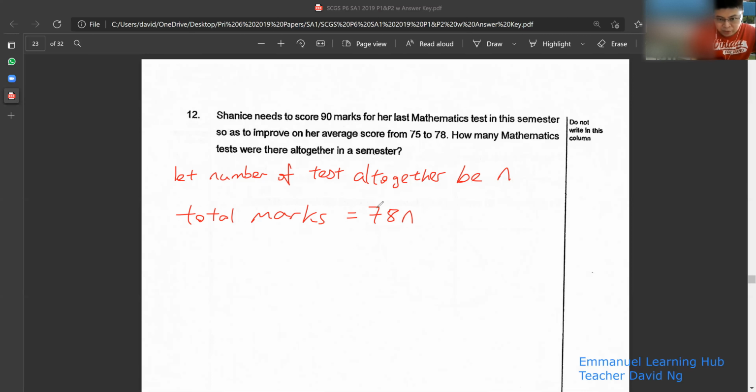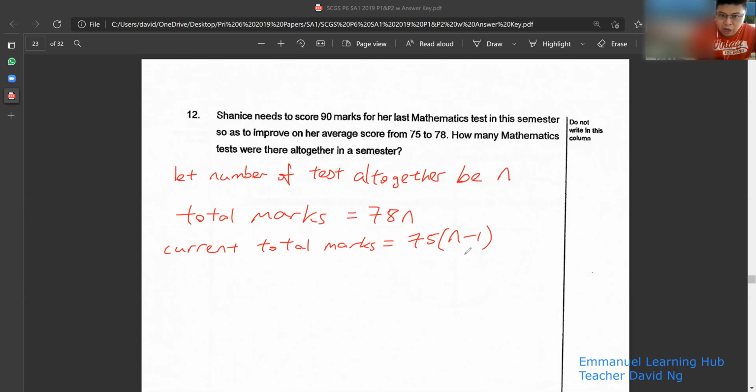But right now her average is 75, so her current total marks is 75 multiplied by N minus 1, because she is one test short. Altogether, she must take N tests. So 75 times N minus 1.